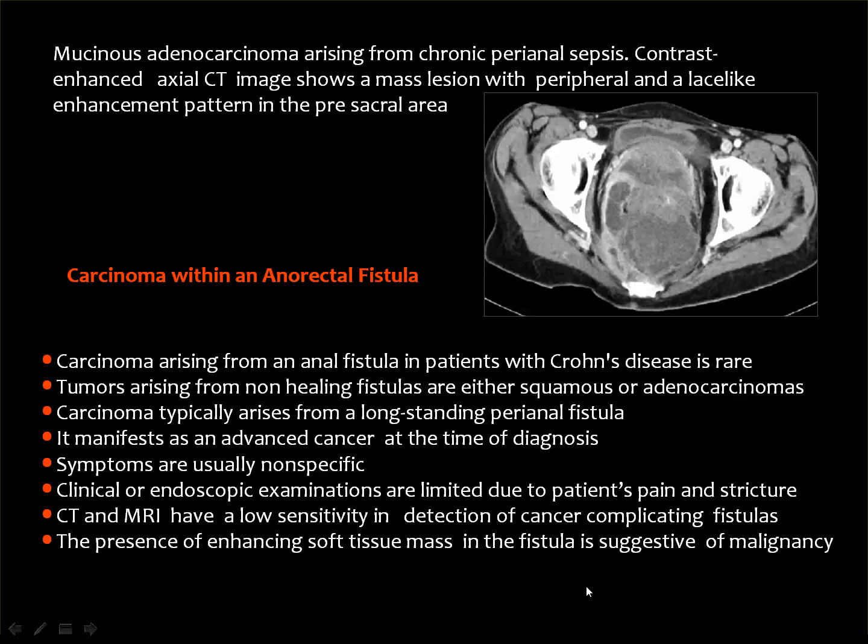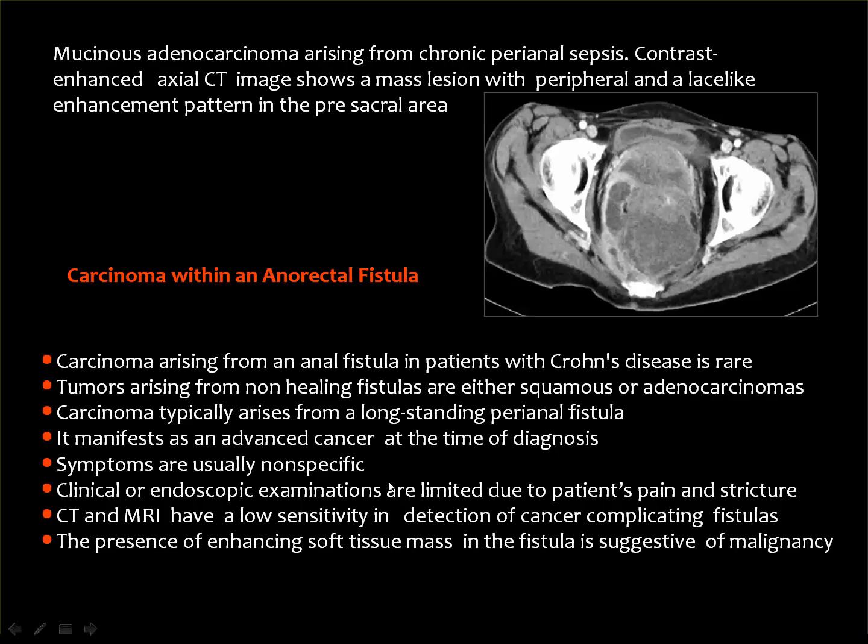Then one of the complications of the fistula is that a malignancy can develop on top of the fistulae, especially the chronic ones, especially those which are related to Crohn's disease. Carcinoma arising from the anal fistula in patients with Crohn's disease is considered rare. The tumors are either squamous cell carcinoma or adenocarcinoma, and they develop in a long-standing perianal fistula.